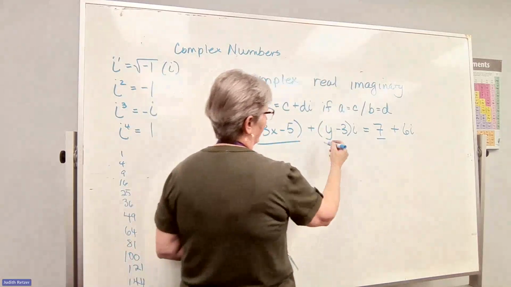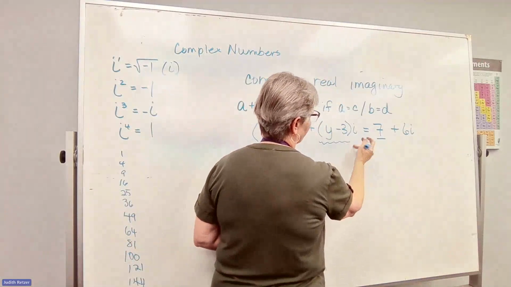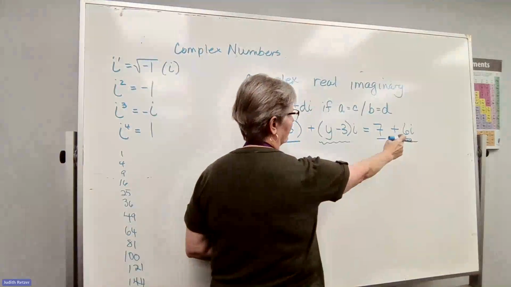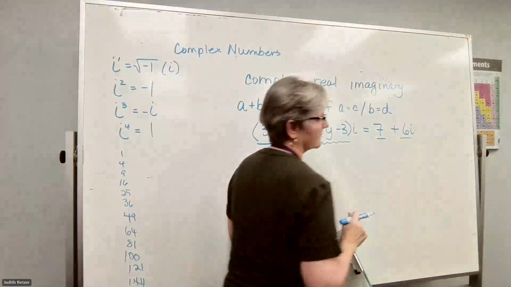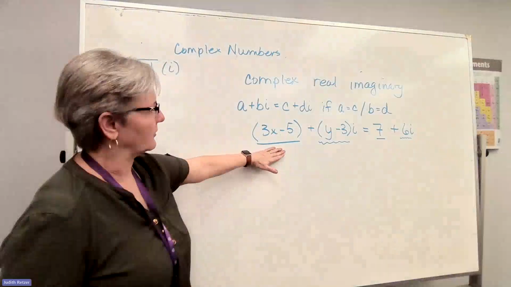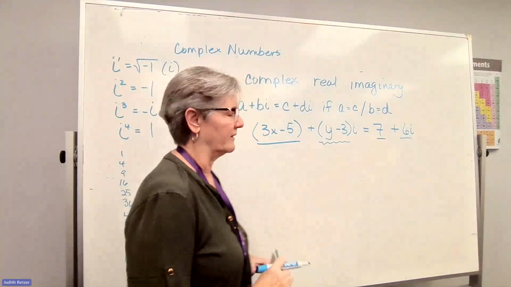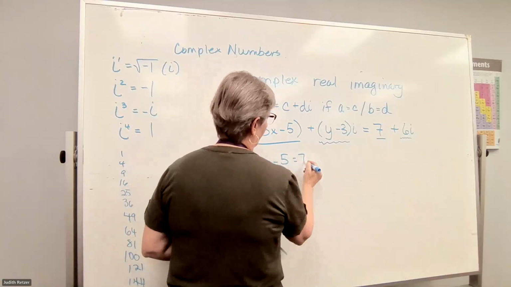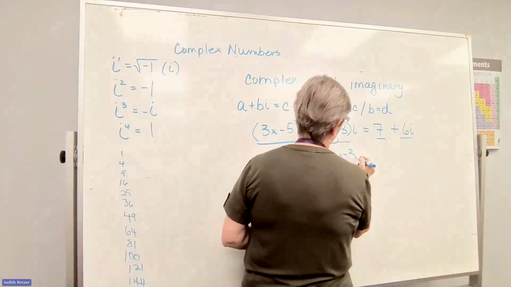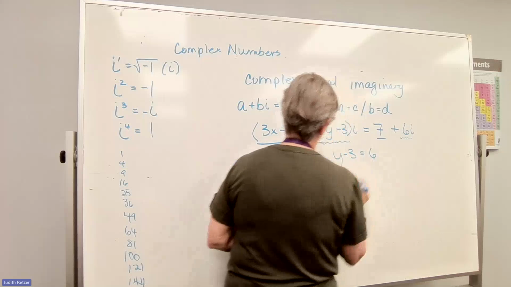Okay, on this side, you have a y minus 3 attached to an i. What do you have over here attached to an i? So you simply make your 3x minus 5 equal to your 7, and you make your y minus 3 equal to your 6.